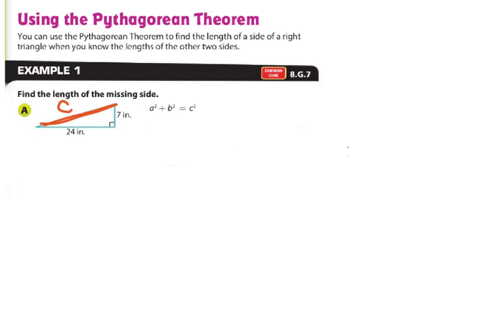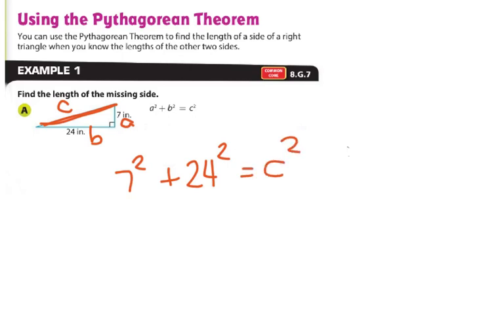So like I said before, the a and the b can be interchangeable, doesn't matter, but I'm going to consider that 7 inches as the a and the 24 inches as the b, and I'm going to go from there. Sound like a plan? All right. So according to the formula, I have 7 squared plus 24 squared equals c squared.